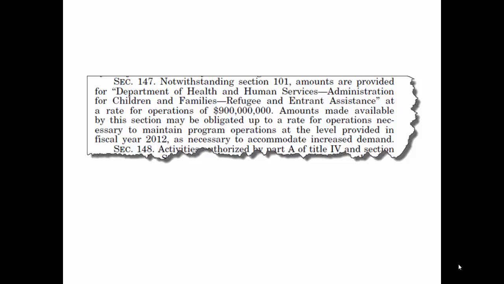In this example from the FY 2013 CR, notwithstanding language provides more funding to the Refugee and Entrant Assistance Program than would have been provided by Section 101, that is, the previous fiscal year's level. Note the notwithstanding Section 101 language. This anomaly overrides the amount provided by Section 101.